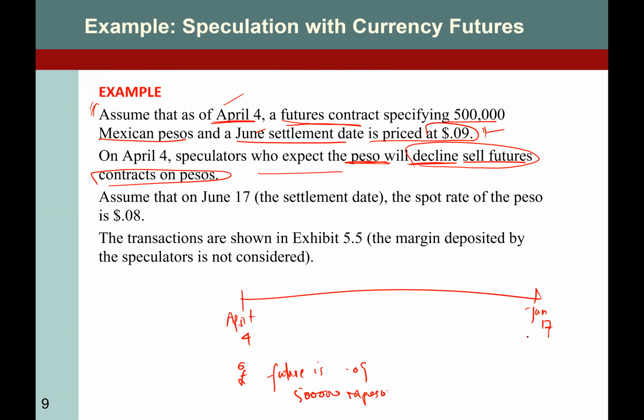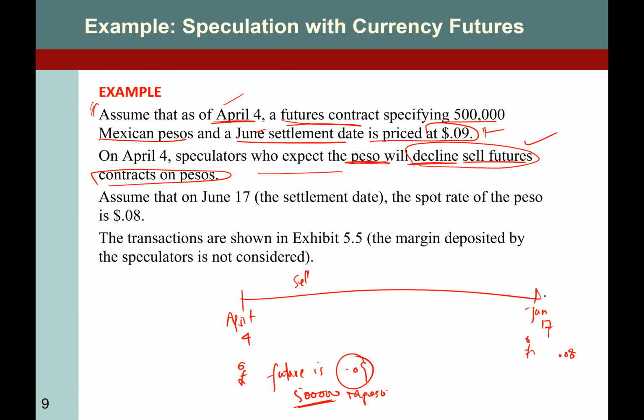When you arrive at the settlement date, the market is now 0.08. Your expectation turned out right, and you entered into this contract to sell 500,000 pesos at 0.09.